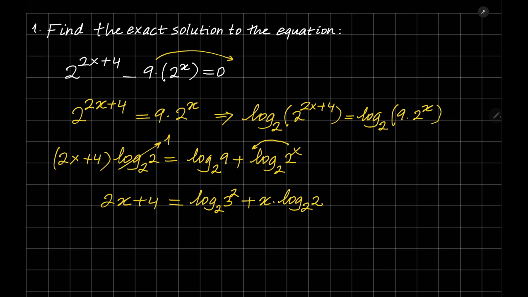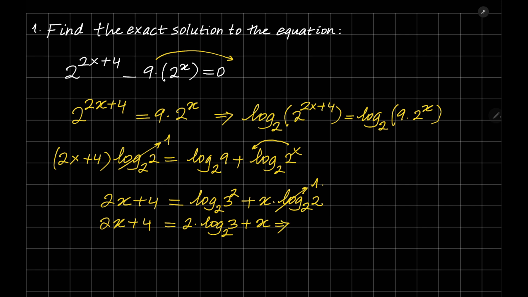We know that this is equal to 1. Then 2x plus 4 is equal to 2 times log base 2 of 3 plus x.